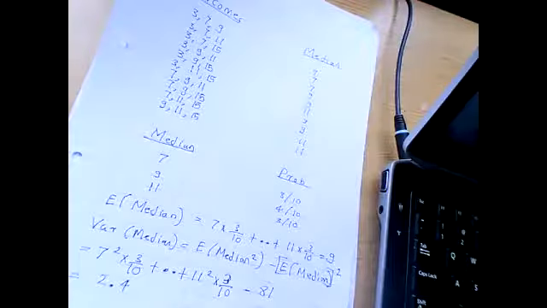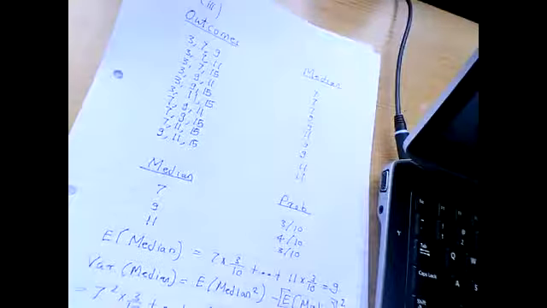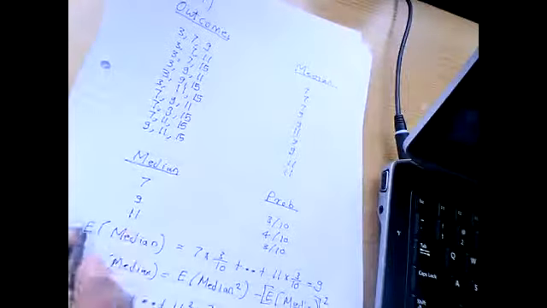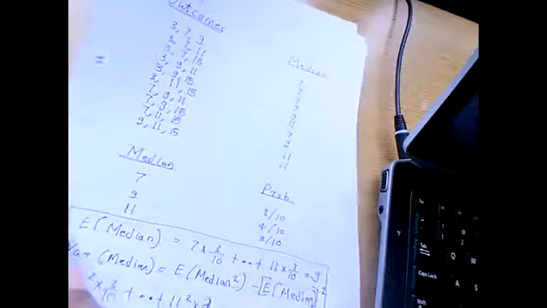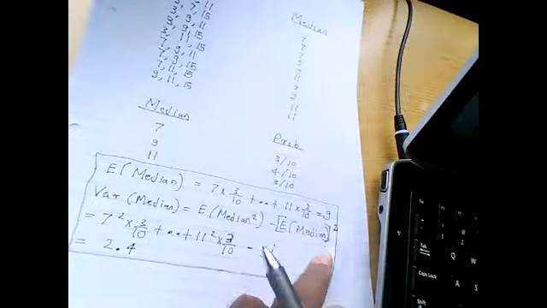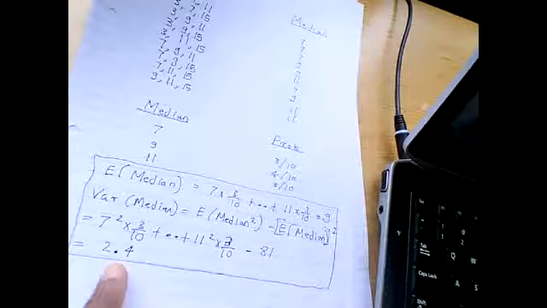Now, if you compute this, this will be 2.4. All right, now the final part of question 5 is to compare. Let me put this in a box so you can see what I'm trying to do. These are the expectation and the variance when we deal with the sample median. So it's 9 for the expectation and 2.4 for the variance.